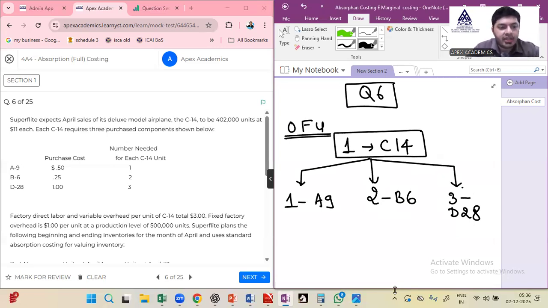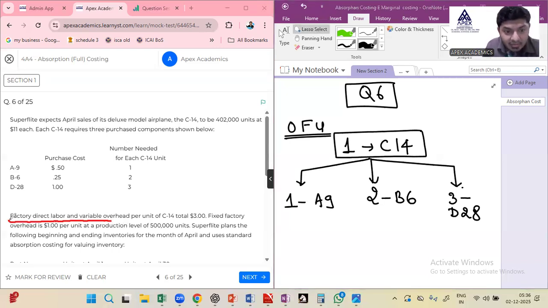Now let's read ahead. Factory direct labor and variable overheads per unit of C14 are a total of $3. Fixed factory overheads is $1 per unit. Please try to understand.